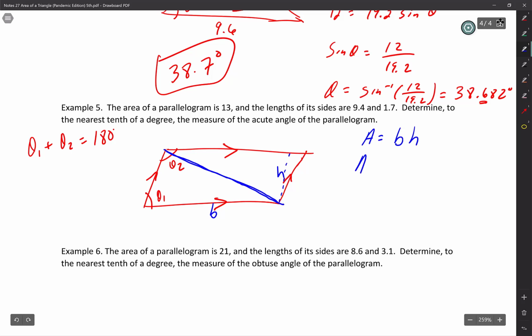So if I call this A and that B, and I already labeled that theta 1, the area of the whole parallelogram is AB sine theta 1. And you can see that because the area of a triangle is 1/2 AB sine theta 1, and there's two of them. So 1/2 times 2 is just 1.